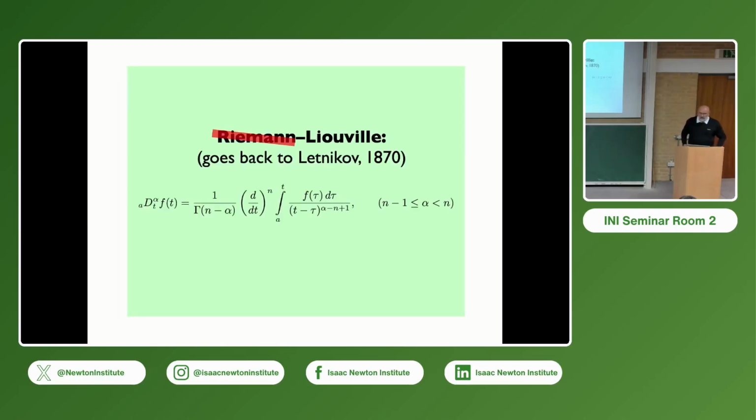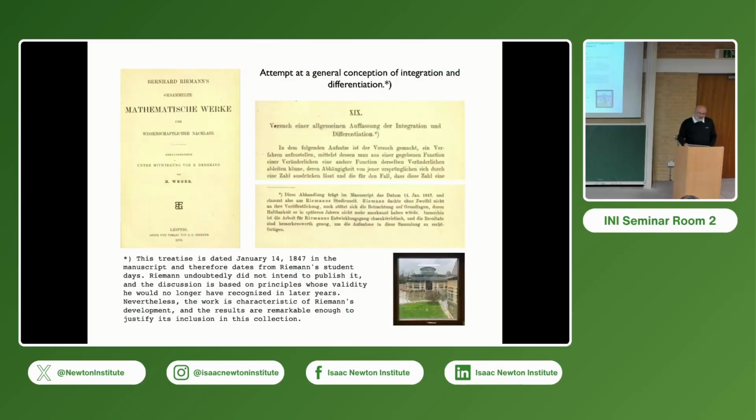The Riemann-Liouville, the name is wrong. Riemann's name has nothing to do there. You can go to the Moore library, pick up his collected works and see his student's paper. He was a student. He tried to attack this problem and did not succeed and just left it like that.